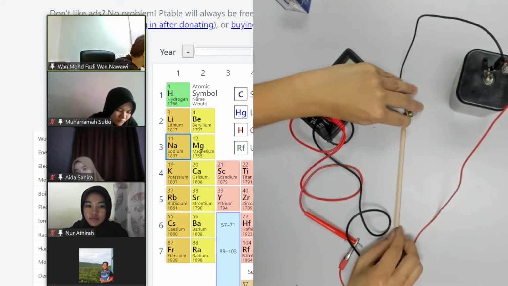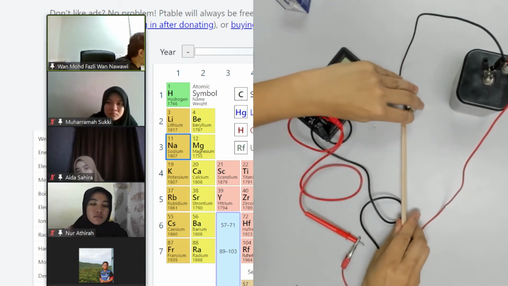So I connect this thing. I don't know whether I can.